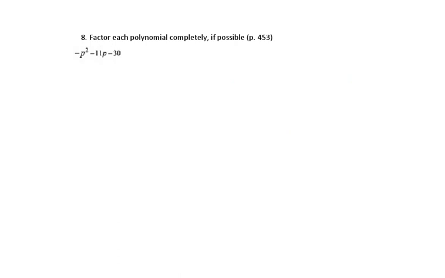All right, question 8. You'll notice that it begins with a negative. That's really a negative 1. And what we can do is factor out negative 1. And factoring out negative 1 changes the sign. So it becomes positive p^2 plus 11p plus 30. Now we can do our factors of 30.